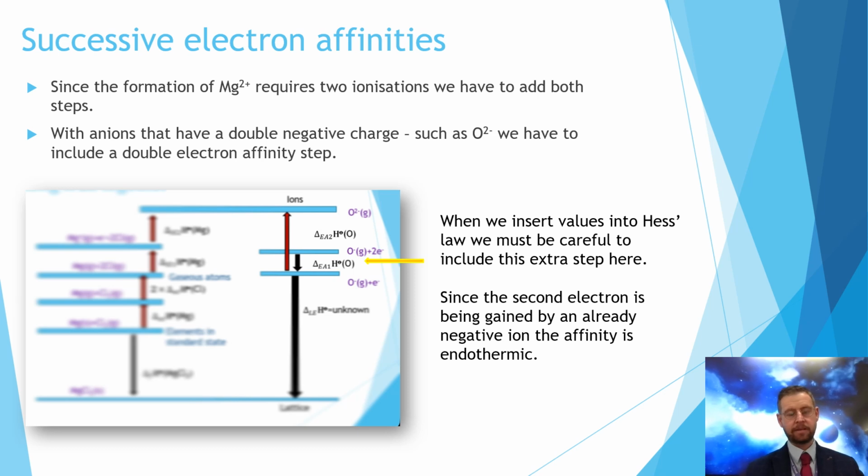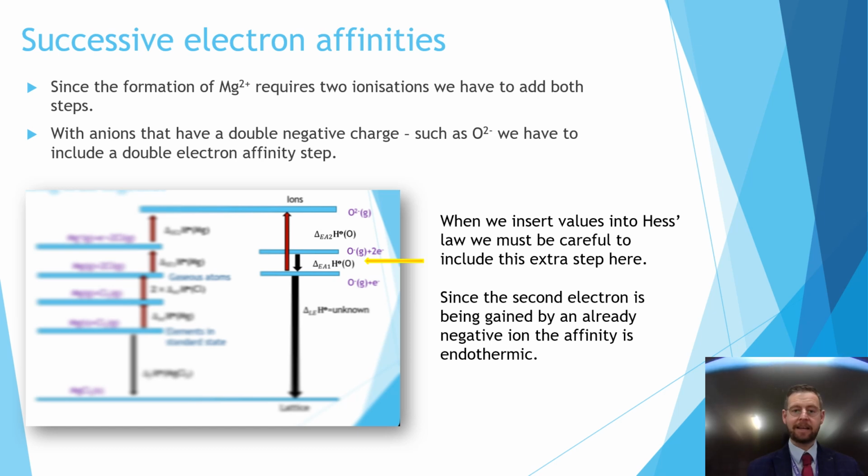The only other thing that could possibly be different to this is when we introduce oxygen. Because oxygen is an ion with a 2- charge, then we're going to get a double electron affinity step on the right-hand side. Now, unlike previously, where we were just allowing an electron to combine with an atom to form a negative ion, here we need to add 2 electrons.